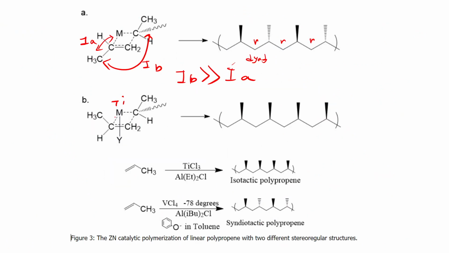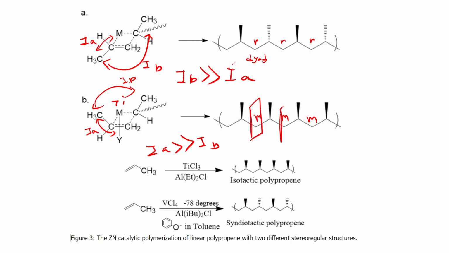So then this particular interaction is weaker compared to this. Here IA is very much prominent compared to your IB. So that's why only this meso relationship is present like this way.